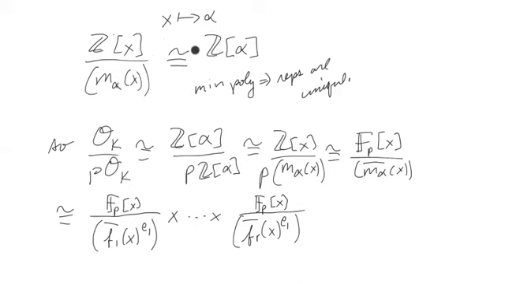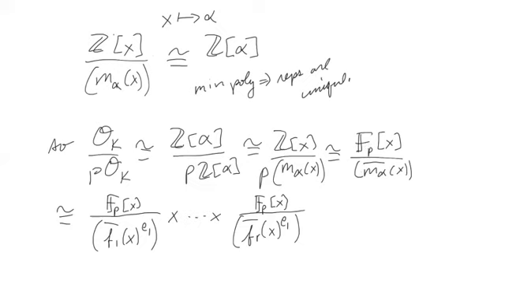So if we mod out by p, it's like modding out by p over here, which we can think of as modding out by the minimal polynomial mod p from this ring, where we take polynomials with coefficients in the finite field F_p.